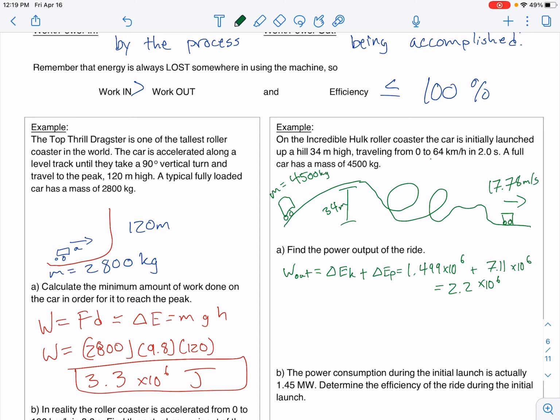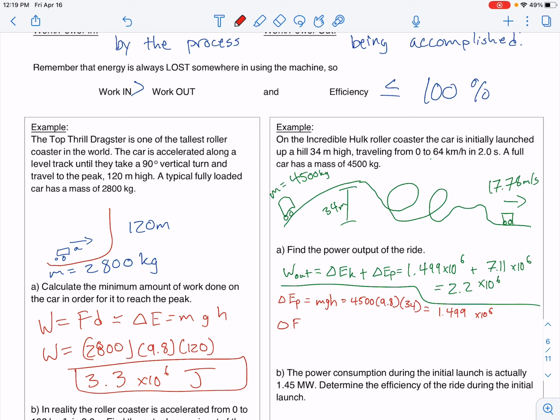Again, if you want to know how I got this, I just skipped ahead. I know that my change in potential was just mass times gravity times height, which was 4,500, 9.8, 34. That's where I'm getting the 1.499 times 10 to the 6th.